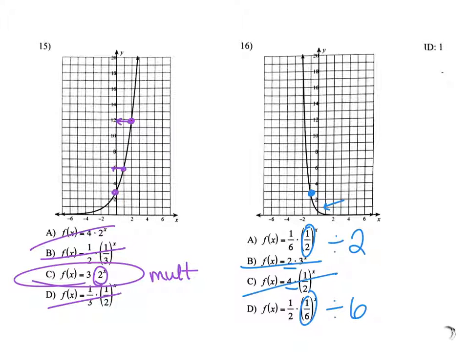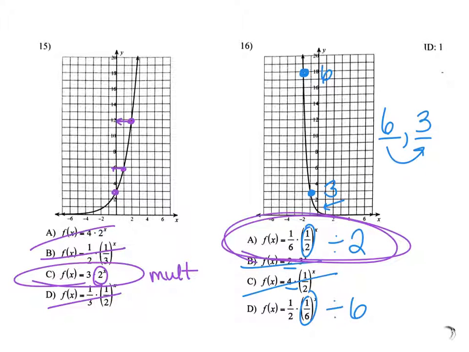So I'm trying to find points that go through corners. All right, so to me, those are my points. I've got a 3 and a 6. So if you're going from 6 to 3, if those are your values, is your pattern here divide by 2 or divide by 6? And hopefully you agree that it's divide by 2, which means A should be my answer.